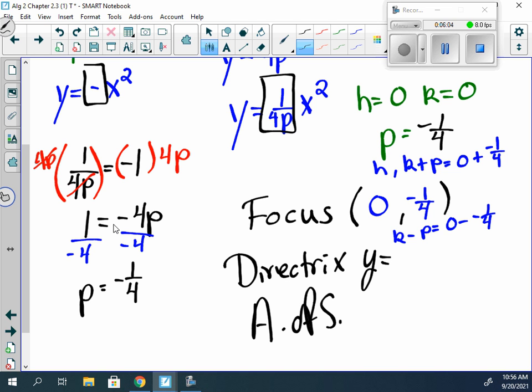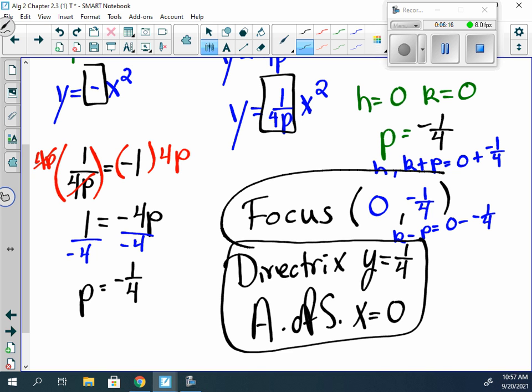It would just be 1/4. And the axis of symmetry is x equals 0. x is equal to h. And that's it. And that is it. Questions on this here?